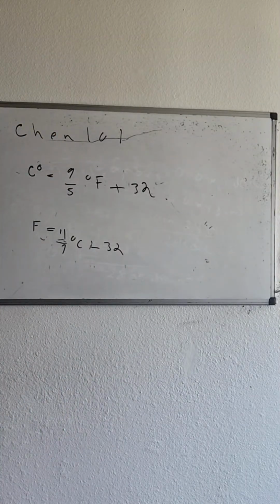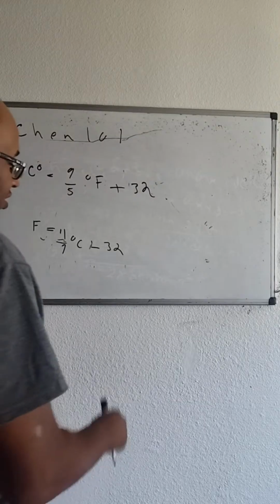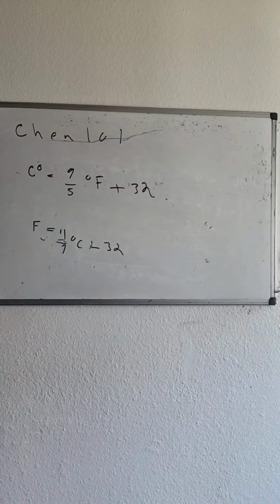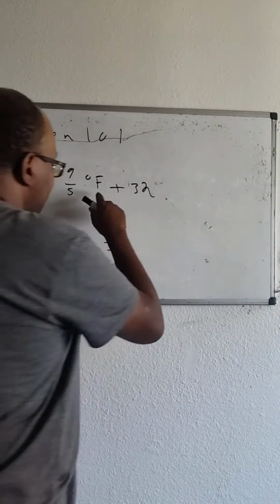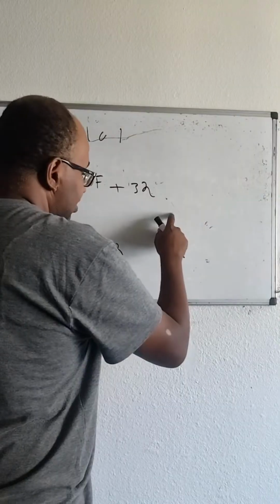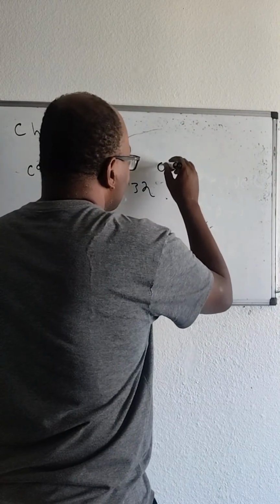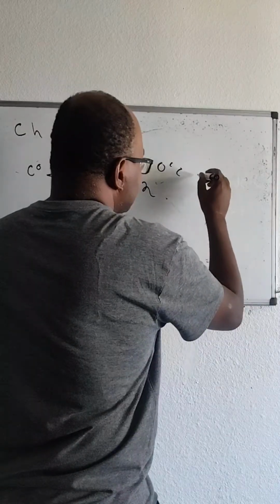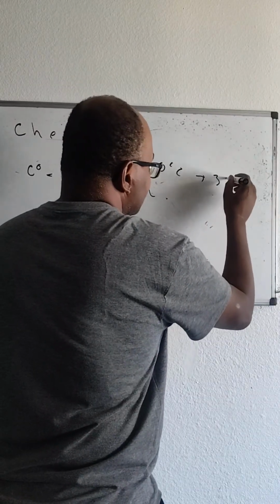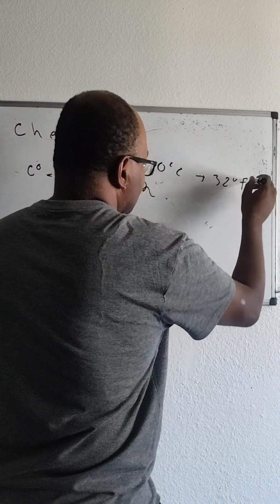So let's experiment. If I put 0 degrees Celsius, that'll give me 32 degrees Fahrenheit. So that's freezing.